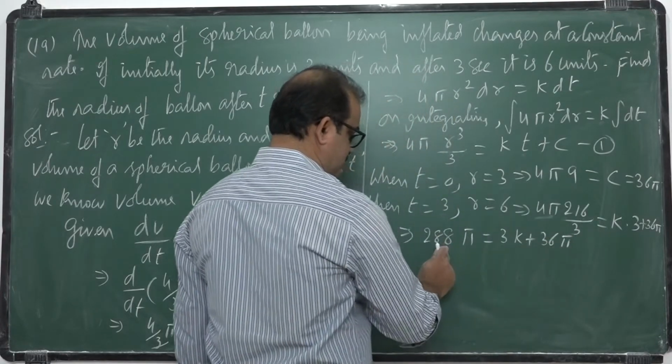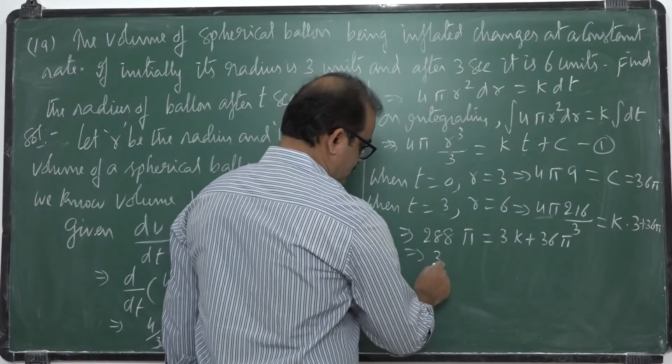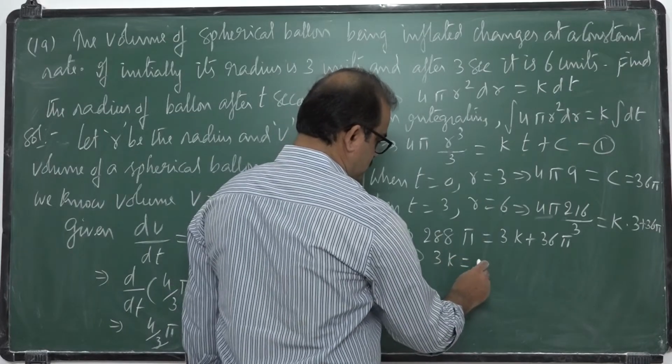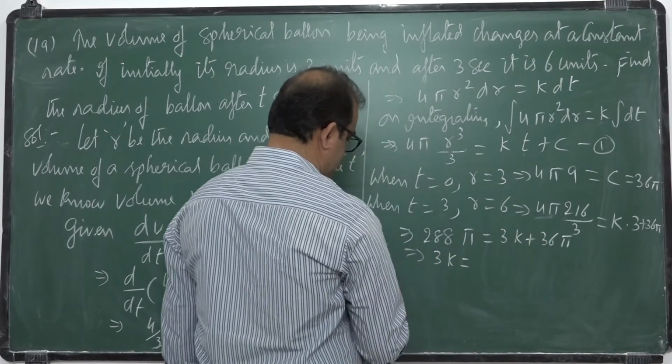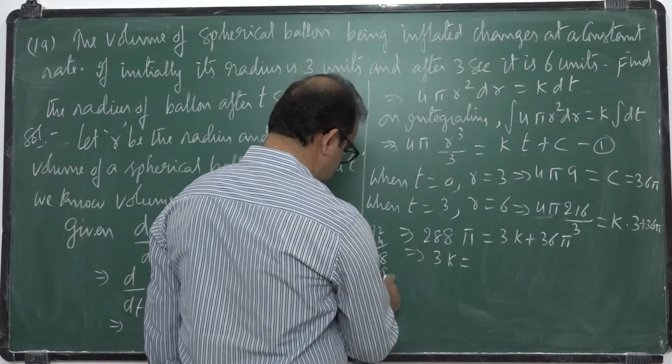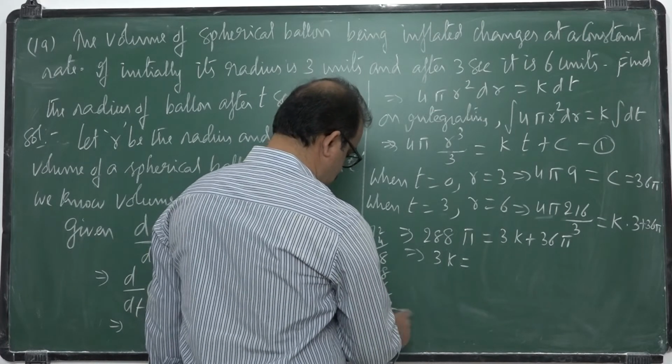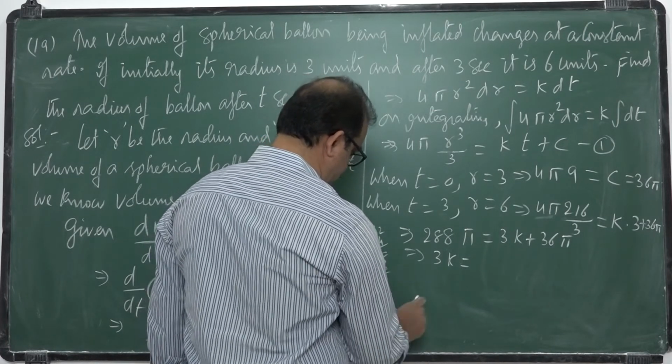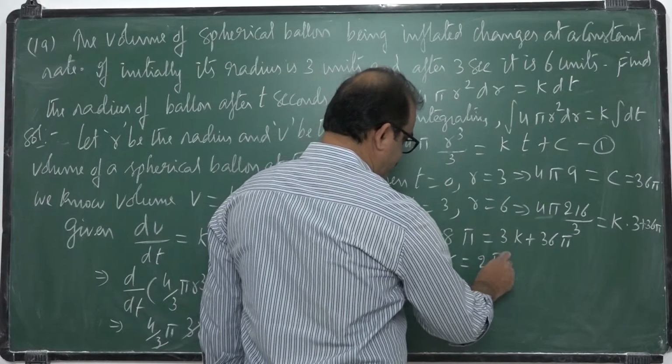Take this 36 pi to this side: 3k is equal to 288 minus 36, which is 252 pi.